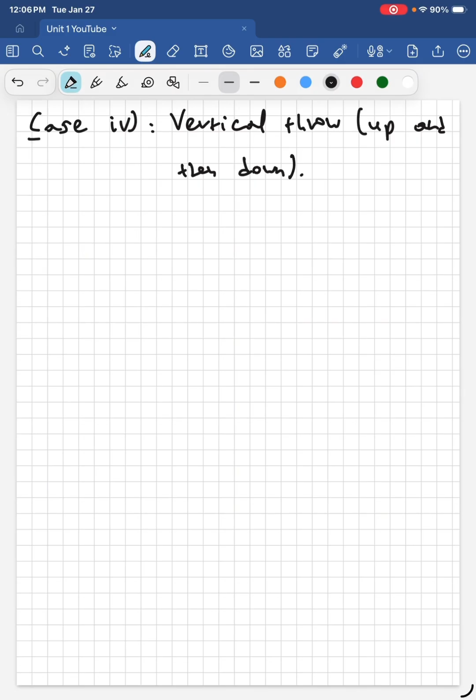Maybe you are down on the ground and you throw a projectile upwards, so it's going to go up, stop instantaneously, and then come back down. So in this case, the acceleration is actually minus g, and it's minus g when the object goes up.